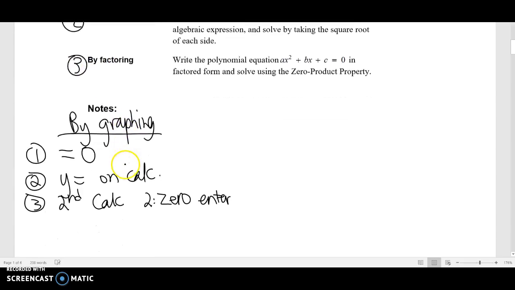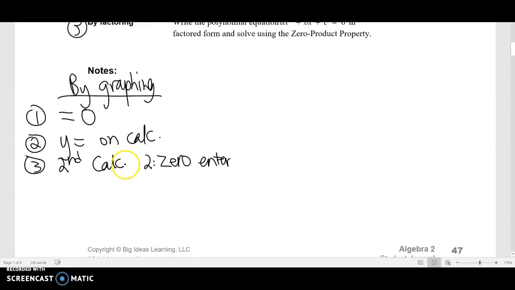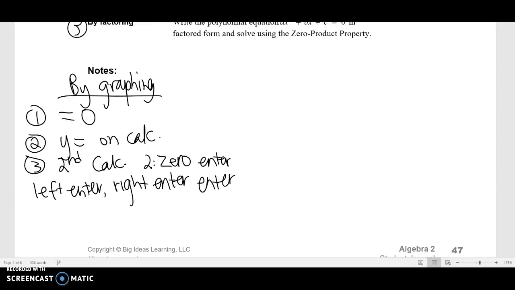Then the graph will come up on your calculator, and you have to go to the left of the point, push enter, to the right of the point, push enter, and then enter one more time. And you'll repeat this for the second 0 if there are 2 zeros.